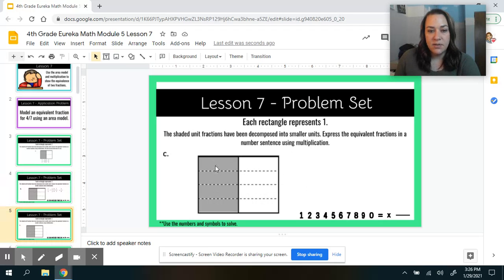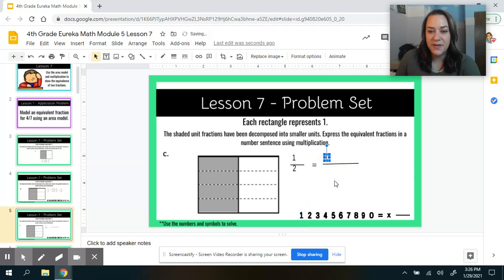What do we see? I see 1/2 again. Okay, so we're starting with 1/2. And how many rows did they make? 1, 2, 3, 4. So we're going to be multiplying by 4. Okay, so we're going to show that. Sorry, my lines aren't straight.